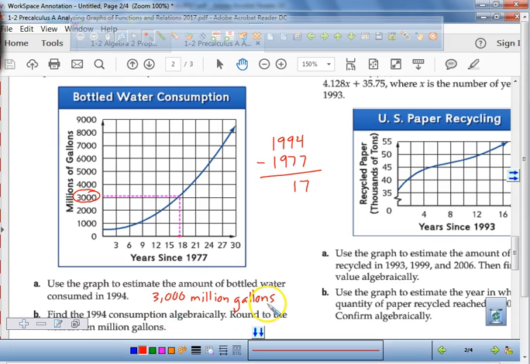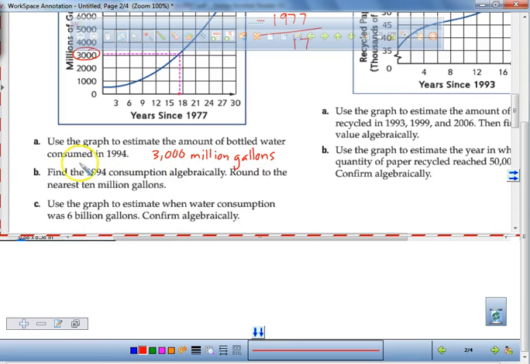By the way, 3,000 million gallons is the same as saying 3 billion. So if you put 3,000 million or 3 billion, that is correct for answer A.